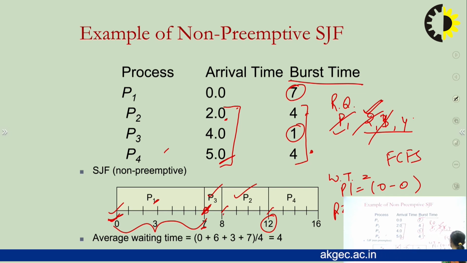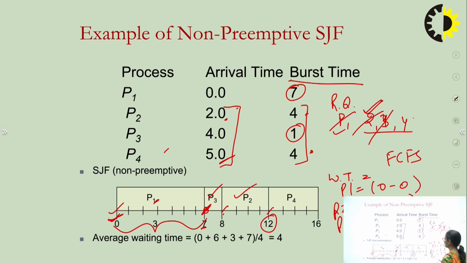So how much time did it spend in the ready queue? It is 8 minus 2. For P3, the arrival time is 4 and it gets the processor at 7. So how much time did it spend in the ready queue? 7 minus 4, that is 3.